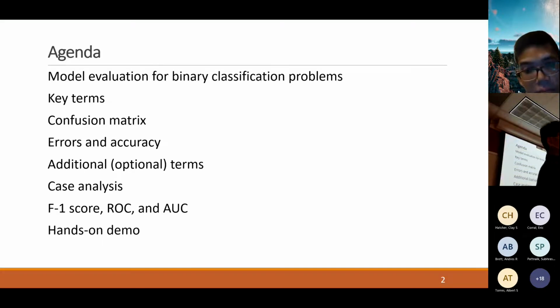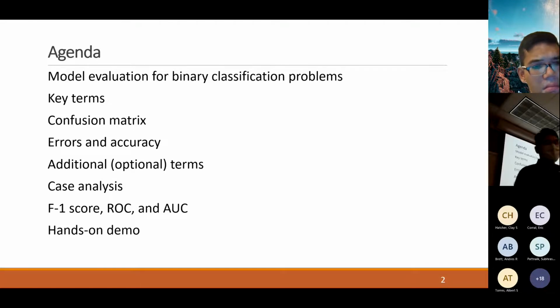Okay, so we continue to talk about model evaluations. Mostly we're talking about classifications, and most of these concepts will apply only to binary classification problems where you have a positive and negative label. Otherwise, a lot of these will not apply.